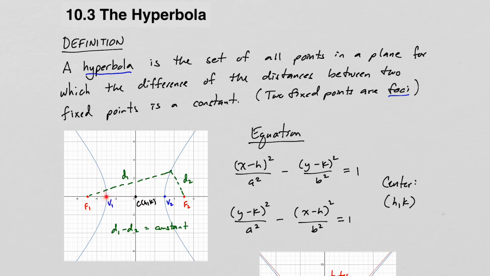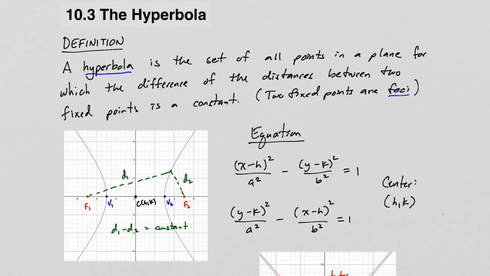This point here is called a vertex. This point here is a vertex. And those two fixed points that we call foci would be here and here. I guess if you have to make a comparison, it kind of resembles a parabola. But it's not a parabola. It's very different from a parabola.